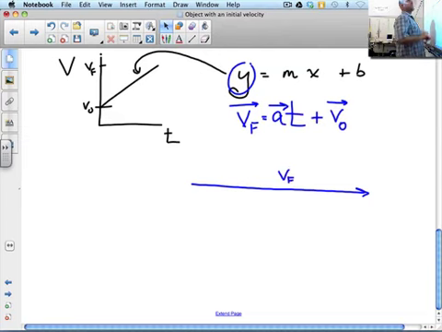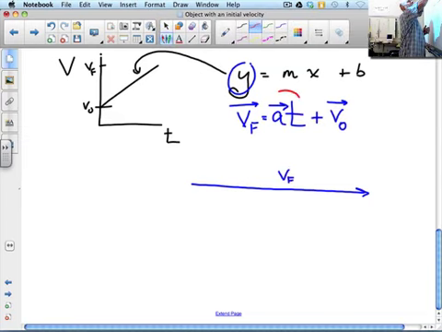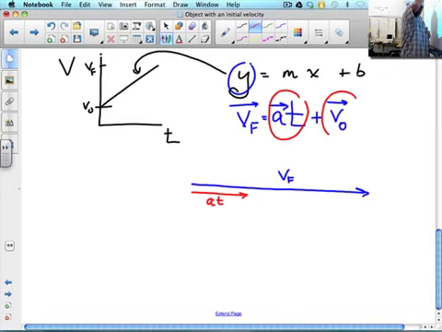And then I have an acceleration vector made longer or shorter by whatever t is. So I have an AT vector. And then I add that to my initial velocity vector.